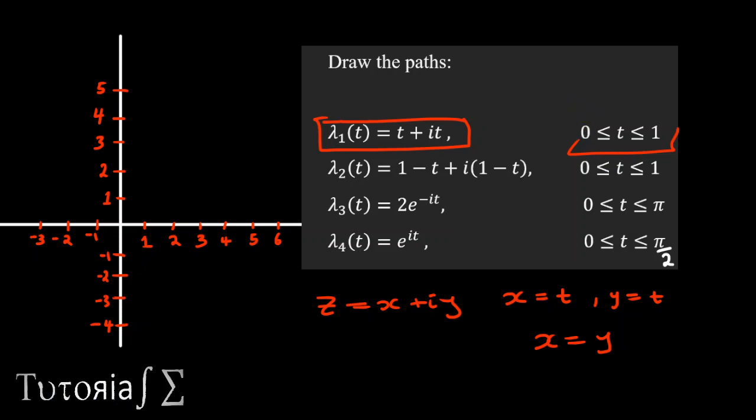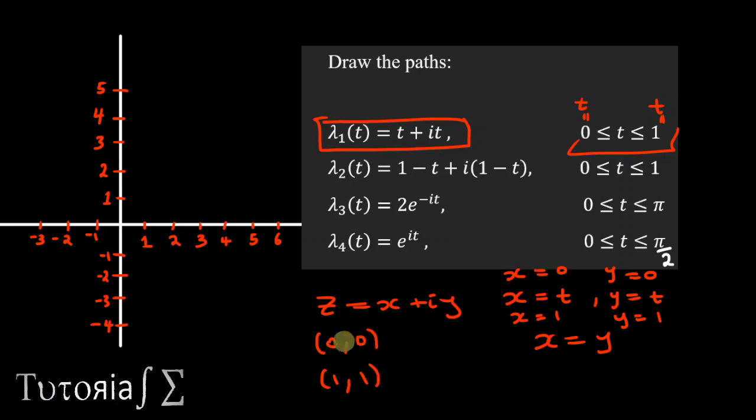When t is equal to 0, the lower limit, our x, which is equal to t, will be 0, and our y will also be 0, meaning that the starting point is 0, 0. Then for the upper limit, when t is equal to 1, our x will be 1 and our y will be 1, so the end point is 1, 1.